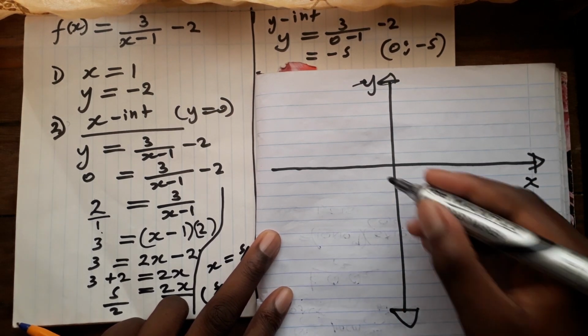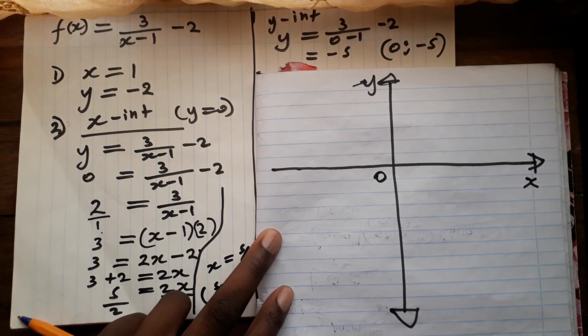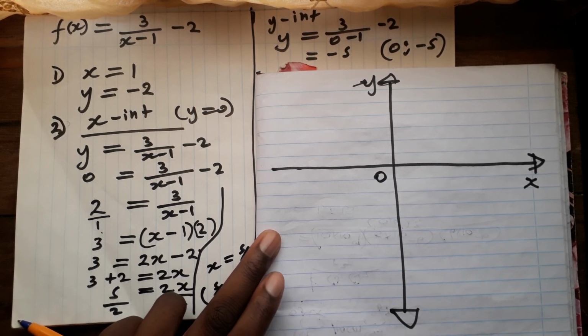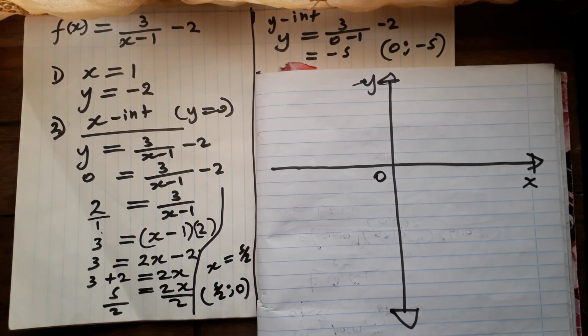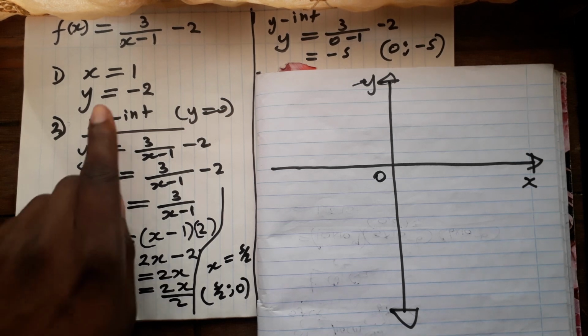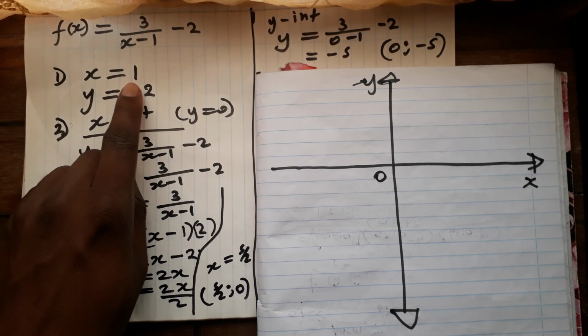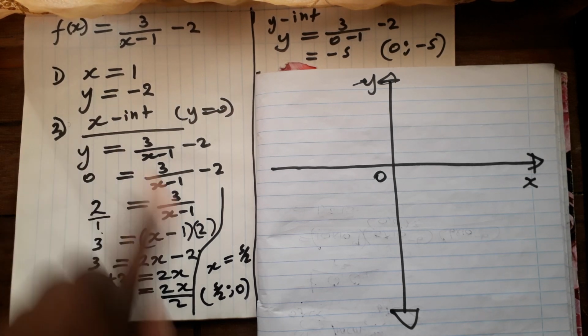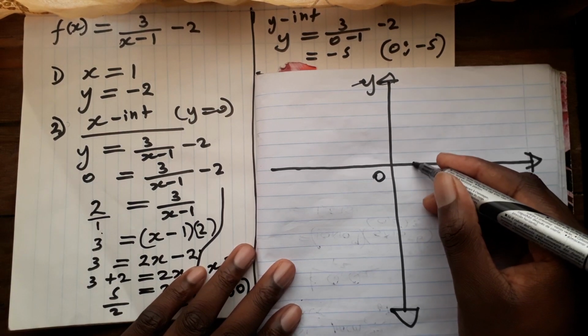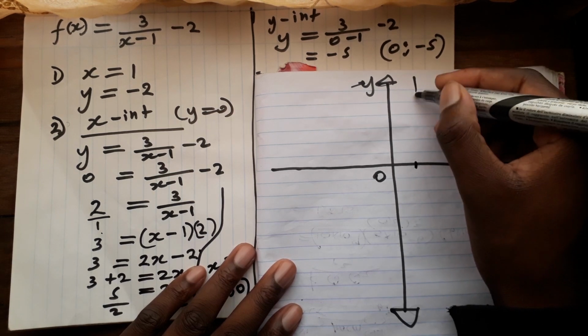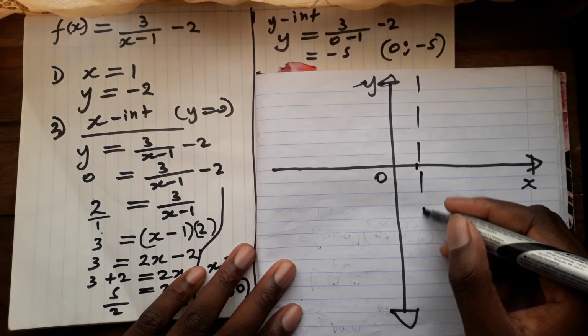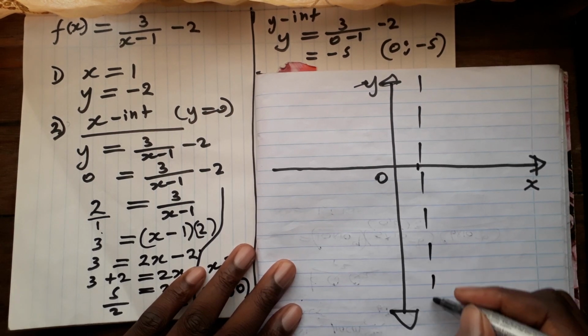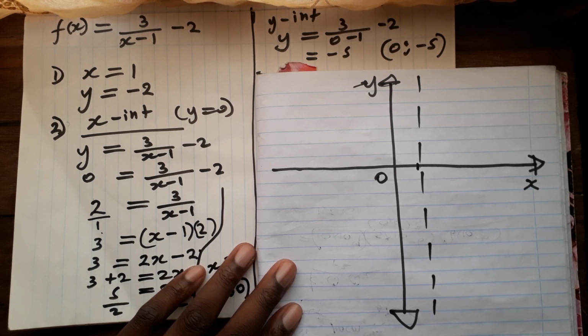Okay. When you sketch a graph, you must start with the asymptotes first. The vertical asymptote cuts our x-axis at 1. So if I say this is 1, it means that the asymptote will be like this. It's just a dotted line or a broken line like this.